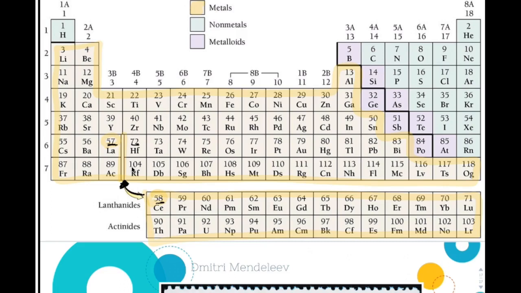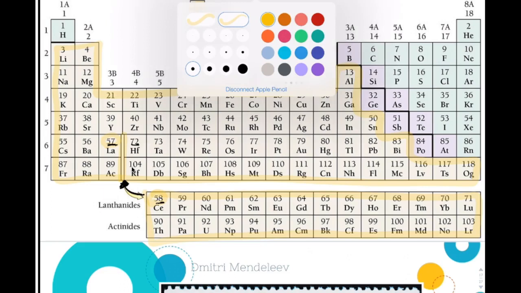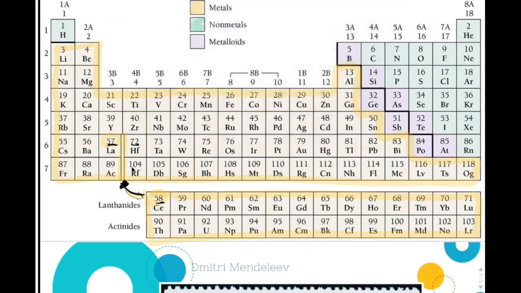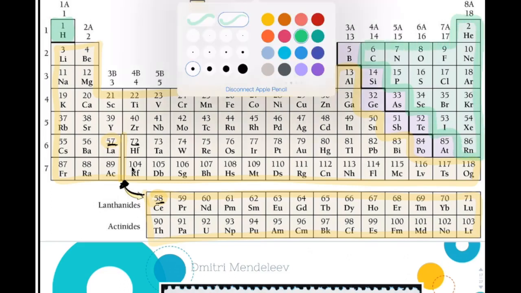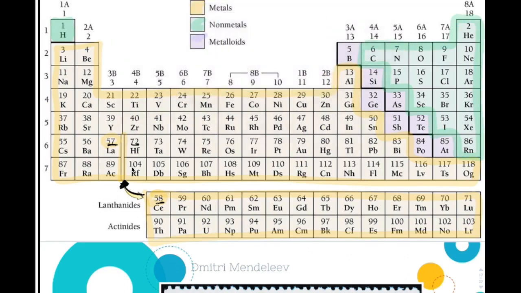And so then you have your nonmetals. And so nonmetals are going to include hydrogen, and then everything over here on the right side. These are your nonmetals. And then we have your metalloids. So metalloids are along this zigzag line, excluding aluminum.